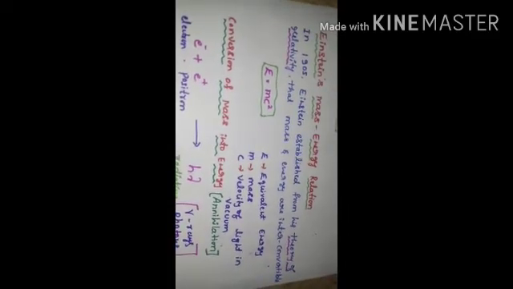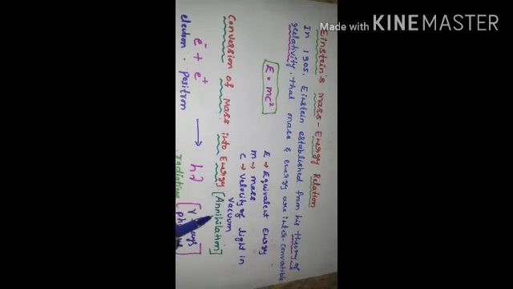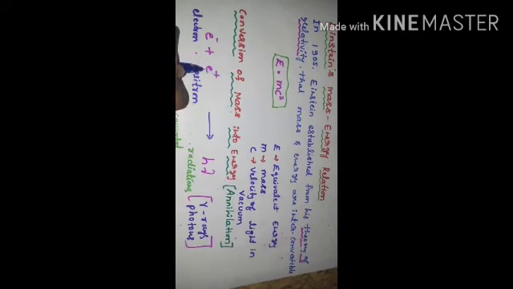How can we convert mass into energy and energy into mass? We can convert mass into energy; this process is known as annihilation. Here one electron and one positron are there. Positron means positively charged electron. The masses of the electron and positron can be converted into radiations, that is hν.